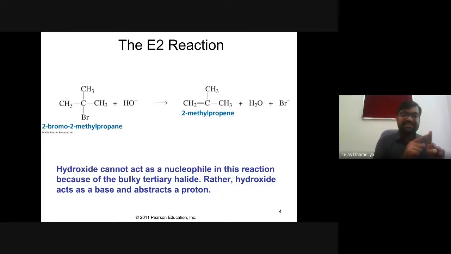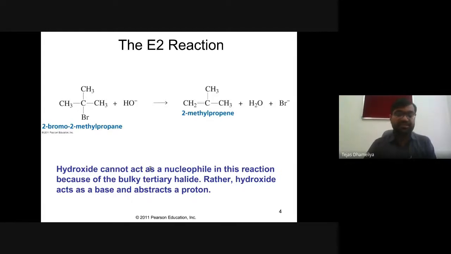There is a difference between nucleophile and base. Nucleophile means having philicity towards positive charge. That is the definition of nucleophile. Base means a substance which is going to abstract the proton, and that may react with some acidic character. Hydroxide will act less as a nucleophile in this reaction because of the bulky tertiary halide.